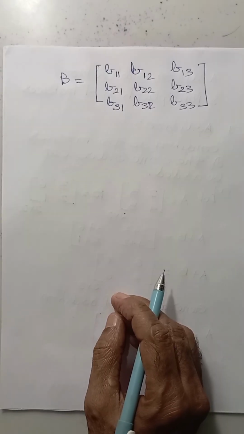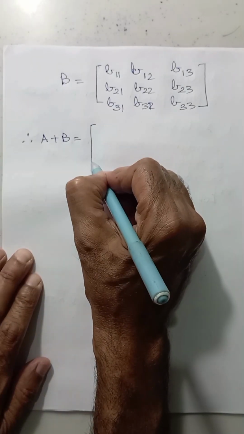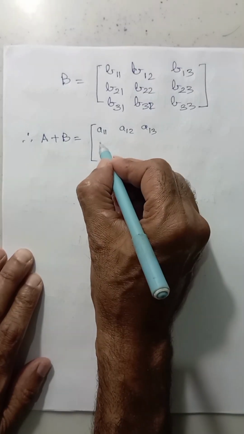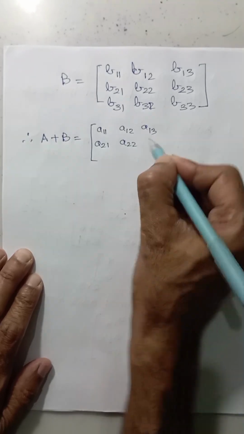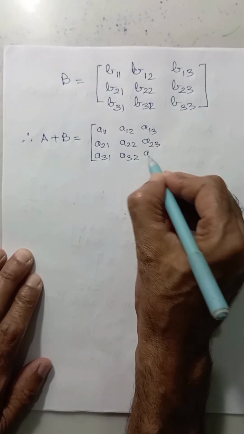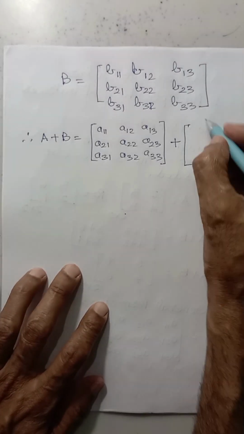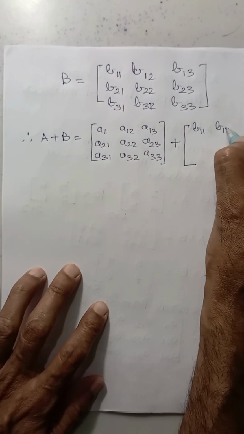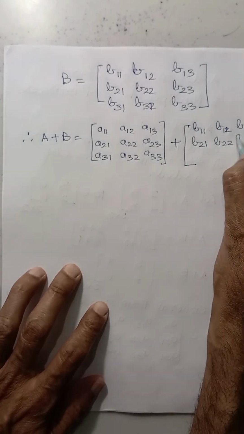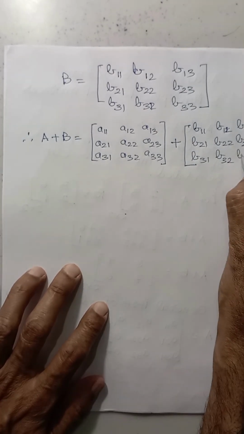So we have to add it. So therefore A plus B will be the matrix A with entries A11 to A33, plus B, with entries B11 to B33.